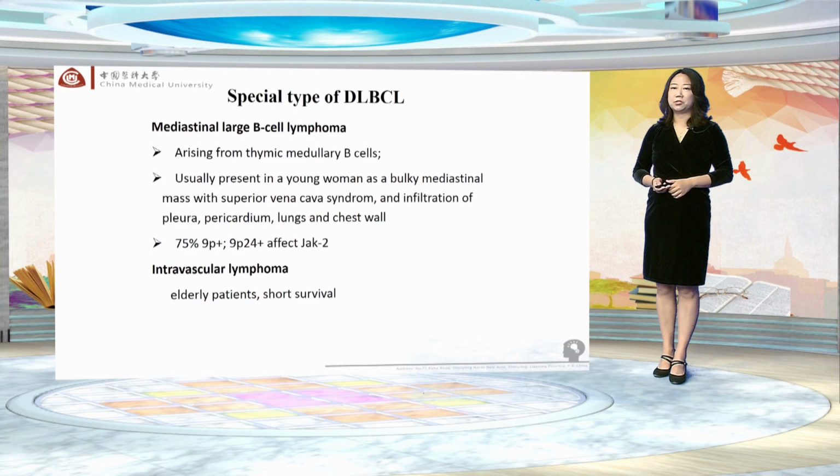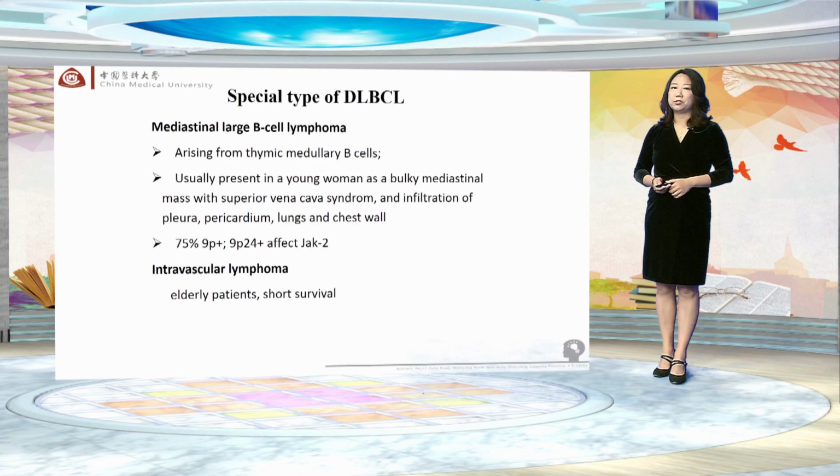It usually presents in a young adult woman as a bulky mediastinal mass with superior vena cava syndrome, with infiltration of the pleura, pericardium, lungs, and chest wall. Diagnosis is based on direct biopsy of the mediastinal mass.